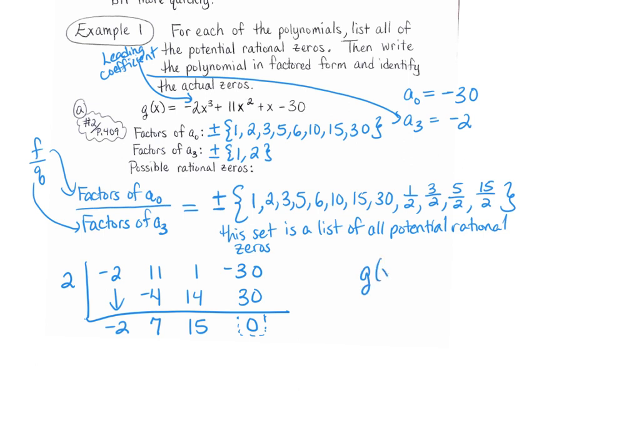I see your hand. Hold on one second. So because 2 is a 0, that means what is a factor? 2 is a 0. So this means 2 is a 0. And what is a factor? Whenever we say 2 is a 0, what's the corresponding concept for a factor?